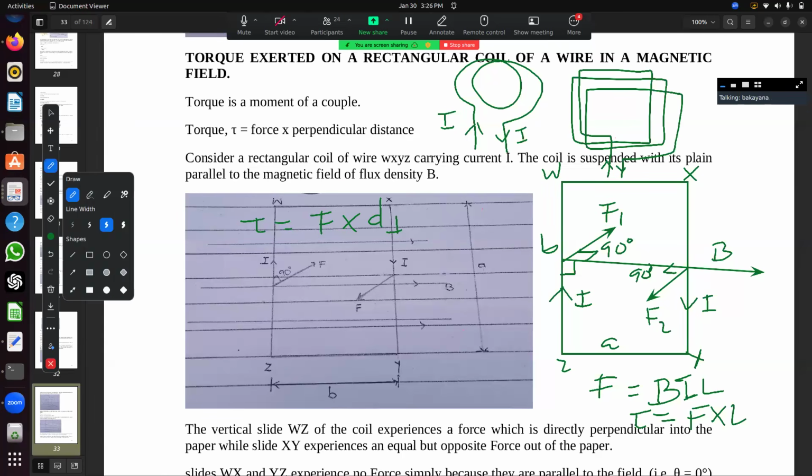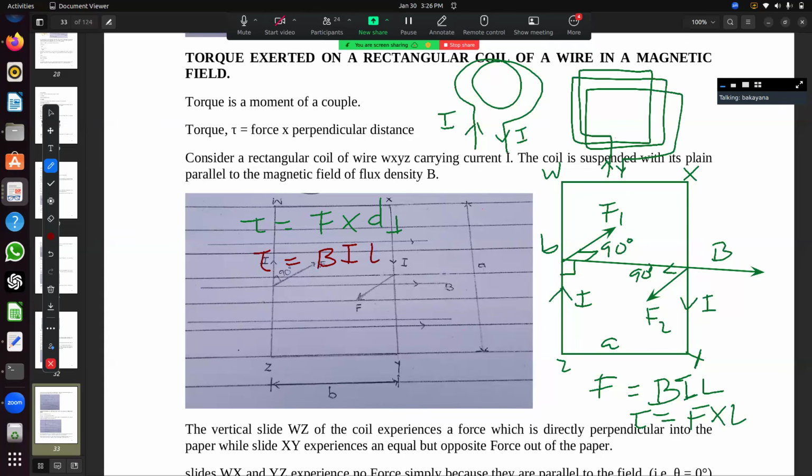let me use red, it might be more visible. So the torque is going to be the force, which is B times I times the length, times the perpendicular distance. Let's say the length of the coil is B and the perpendicular distance is A. Just a matter of substitution.